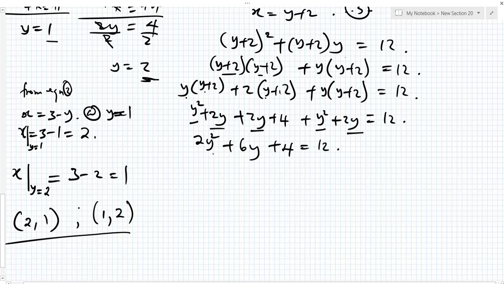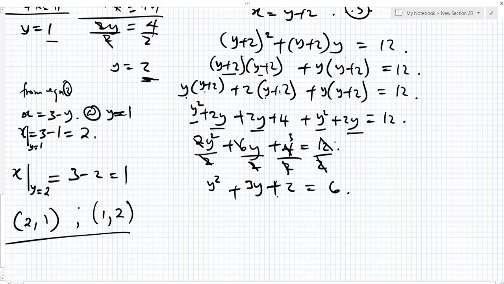So we divide all through by 2, since 2 is a common factor. You have y squared plus 3y plus 2 equal to 6.